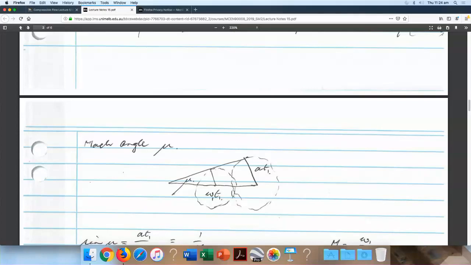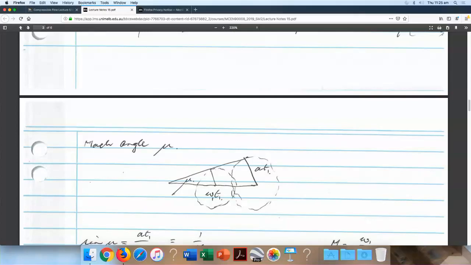So the Mach angle is this line here, which is tangential to every one of these sound waves that's been emitted. And so physically you can see, well, the region out here will never know that there's a source that's been pulsing as I've been moving along. But everywhere inside that region, I'll know that there's been a sound source pulsing.